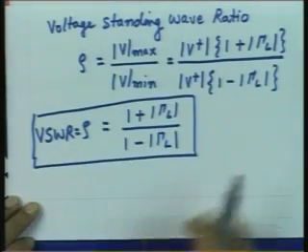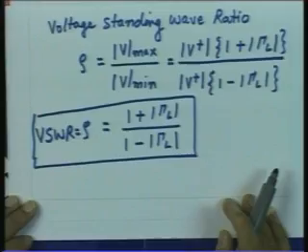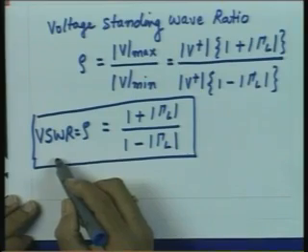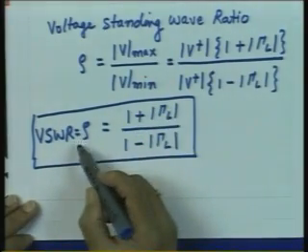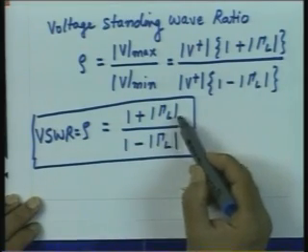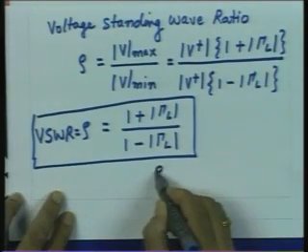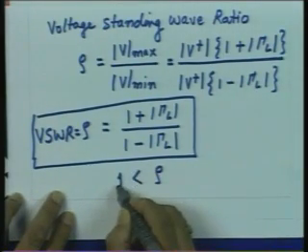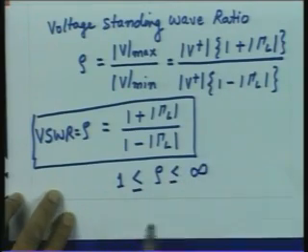So, as we got the upper bound on the reflection coefficient mod gamma L, we can also define the bounds on the voltage standing wave ratio VSWR. When mod gamma L equal to 0, the VSWR is equal to 1. However, when mod gamma L goes to 1, this quantity is infinity. So, we have VSWR rho, its bounds are 1 less than or equal to rho less than or equal to infinity.